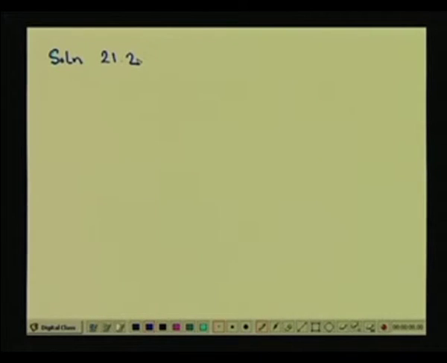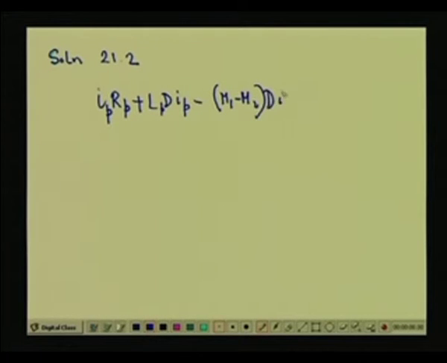Now, analyzing the above circuit, we can write the circuit equations like this: IP Rp plus LP D IP, M1 minus M2 D. D is the delta operator, we have seen that thing many times before.